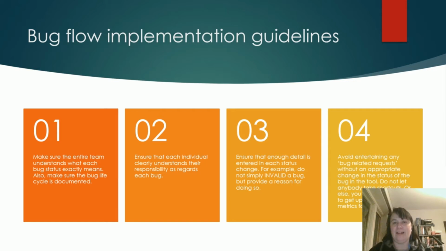And then you might end up again with bugs ping pong. So explain why it's invalid, explain what's missing, explain why it's not going to be fixed, because the person who reported it is then going to understand, okay, we're not doing this now because of A, B, and C. And you will not get that bug back the next day or 2 days later.